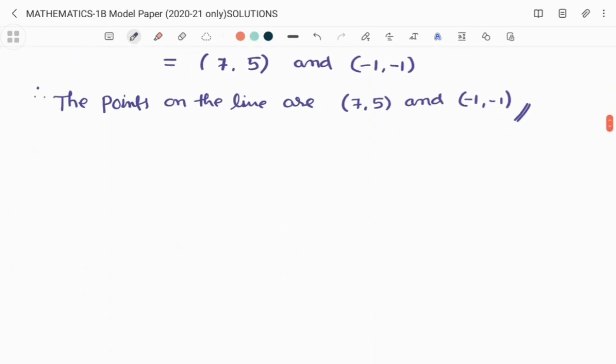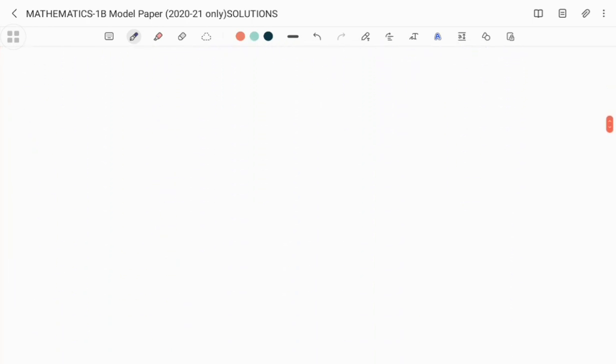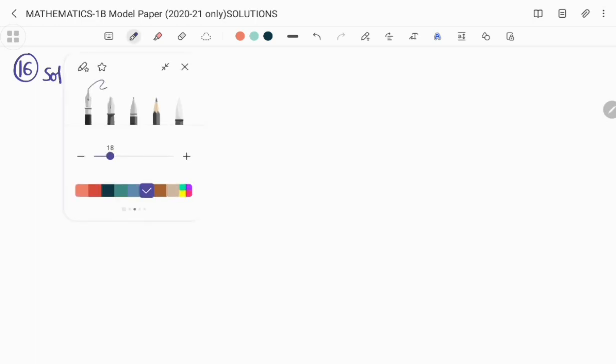See, in question number 16, in the solution, first write the given points, after that we will discuss.